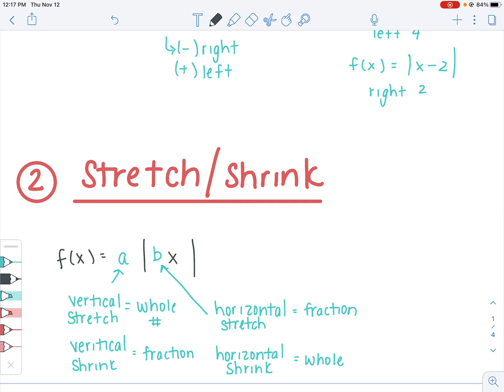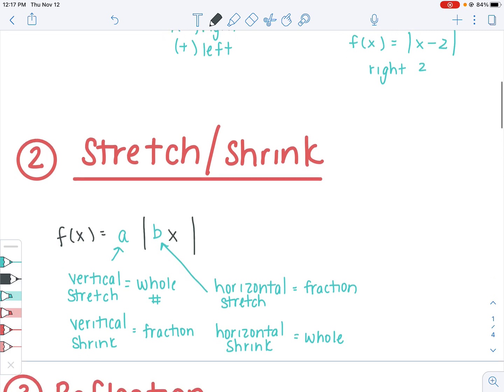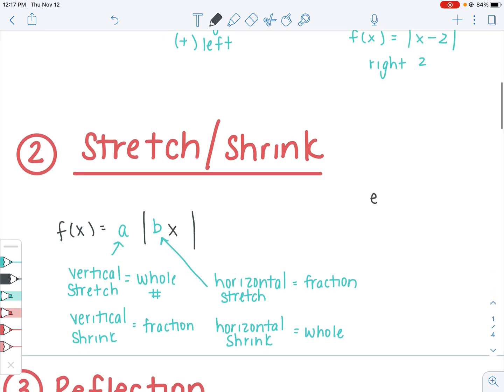So if I were going to look at an example of this, for example, if I had f of x equals 2 square root of x, this is a vertical stretch of 2 because it's outside, so that told me it was vertical, and it's a whole number, so that told me it was a stretch.